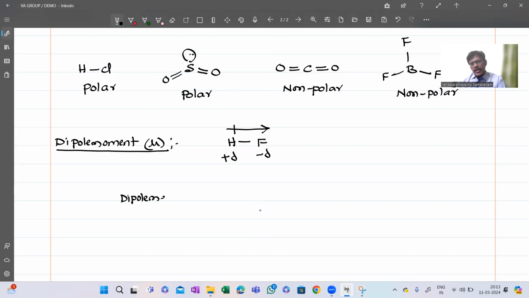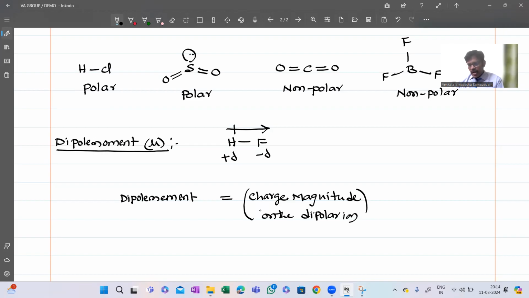Dipole moment can be calculated by using the formula: charge magnitude on the dipolar ion, that is how much charge is present on any one of the ions in a dipole, into the distance between the two polar ions.